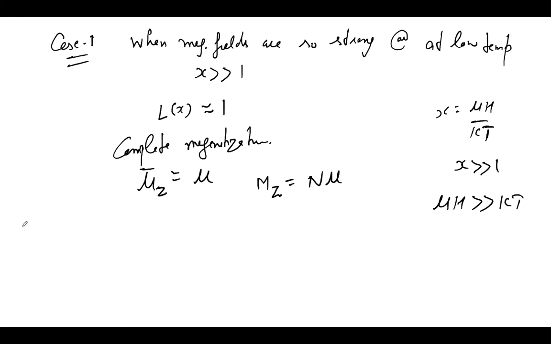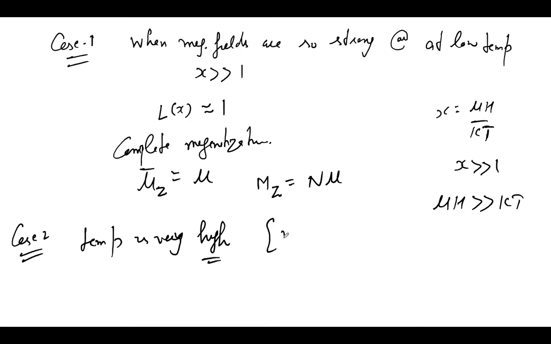The second case is, as we increase the temperature, when the temperature is very high, in that case the magnetic field will be very weak. In this case the value of mu H is very small as compared to the thermal kinetic energy kT.